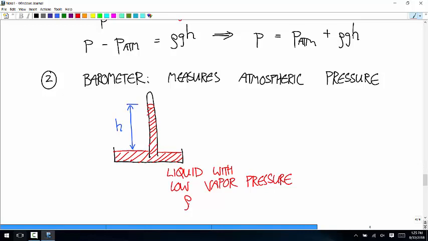If this was water and you were doing this test close to the boiling temperature, water really wants to evaporate, so you'd have a pretty high pressure up there, and this would throw this calculation off. But at room temperature, if this is full of mercury, mercury pretty much wants to stay liquid. There's not a lot of mercury shooting up into the air trying to turn into gas. And so you can approximate the pressure here as 0.